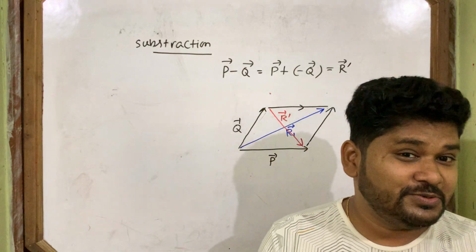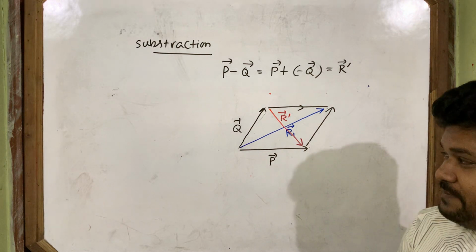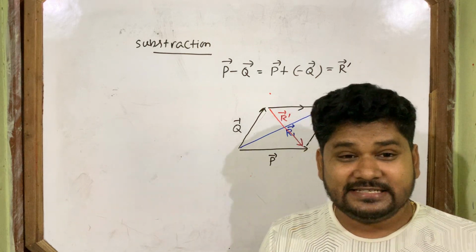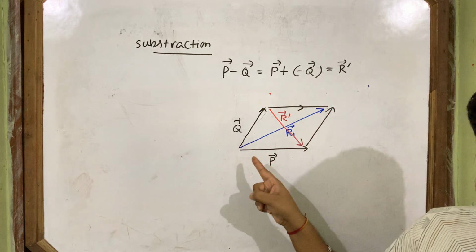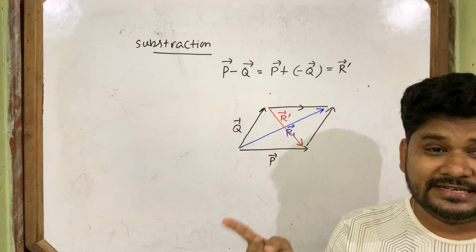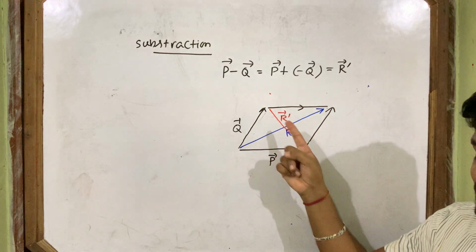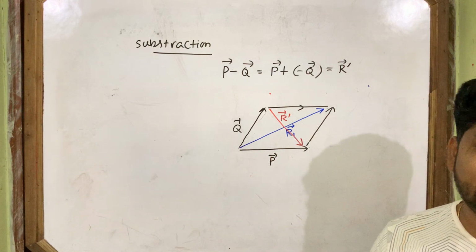You got a new thing here. If p vector and q vector are two adjacent sides of a parallelogram, the diagonal starting from their common point is the resultant of addition, and the other diagonal is the resultant of subtraction.